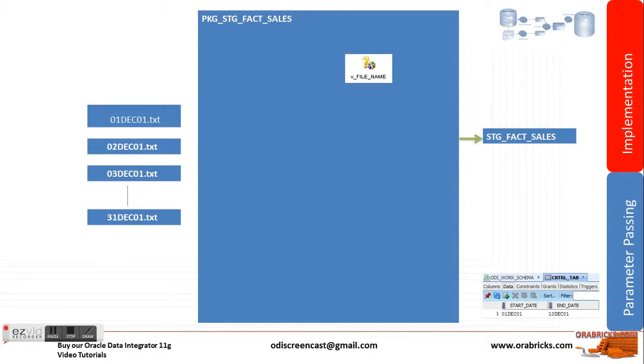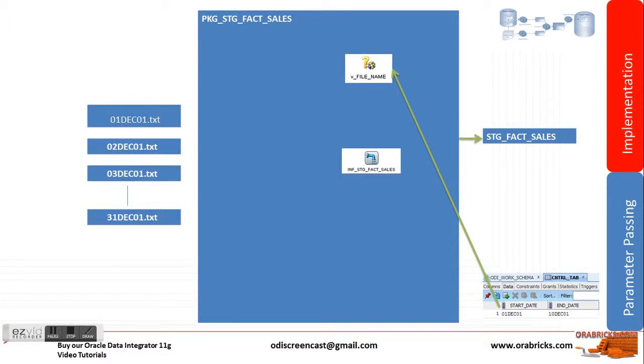This is a variable called v underscore file name. The purpose of this variable is to get the file name from the control table. For example, this will get the value 01 December 01 and assign it to the variable. So now the value of v underscore file name is 01 December 01.